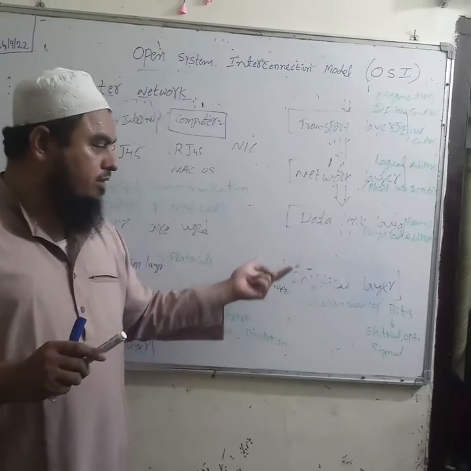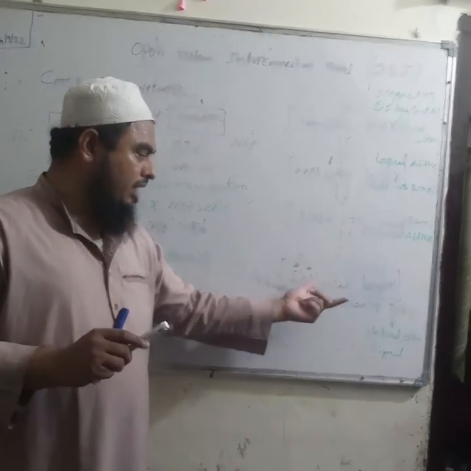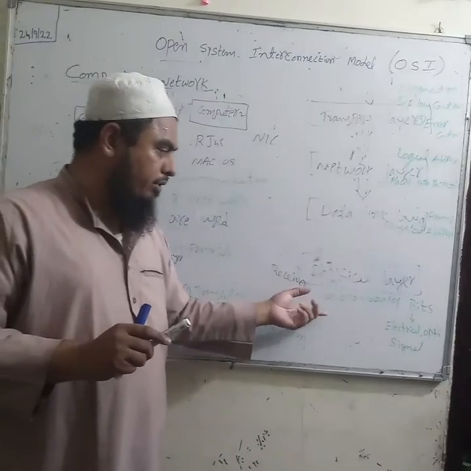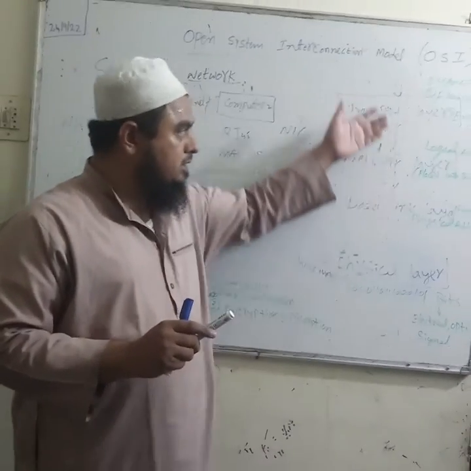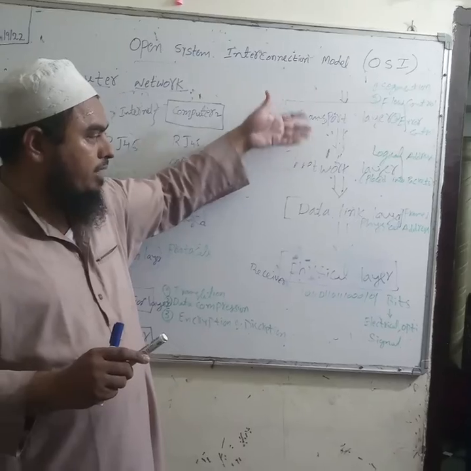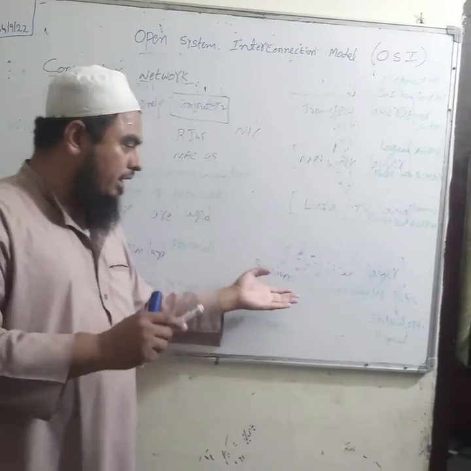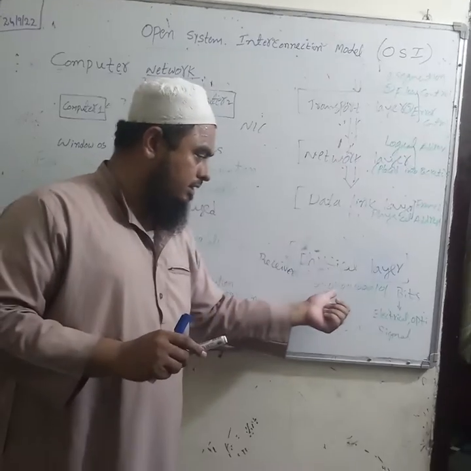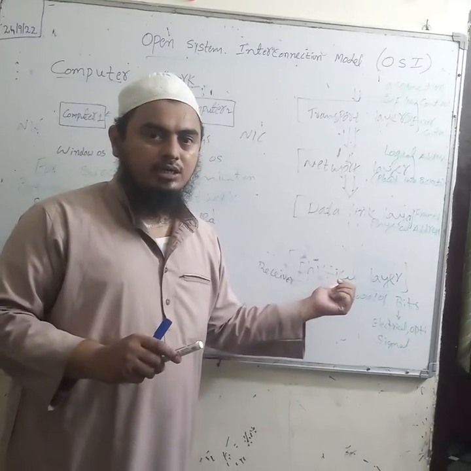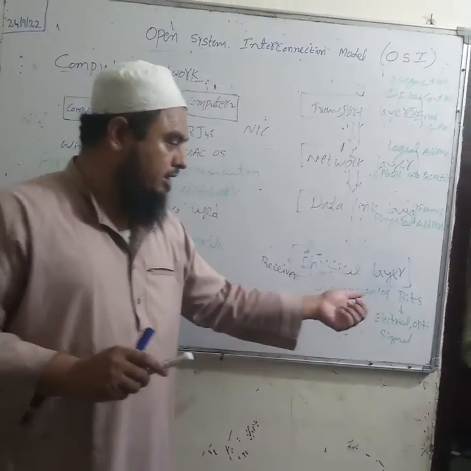Next comes the physical layer, the last layer at the receiver end. Basically the data is divided into segments, then into frames, and we get the data at the physical layer in binary form, ones and zeros, that is bits.